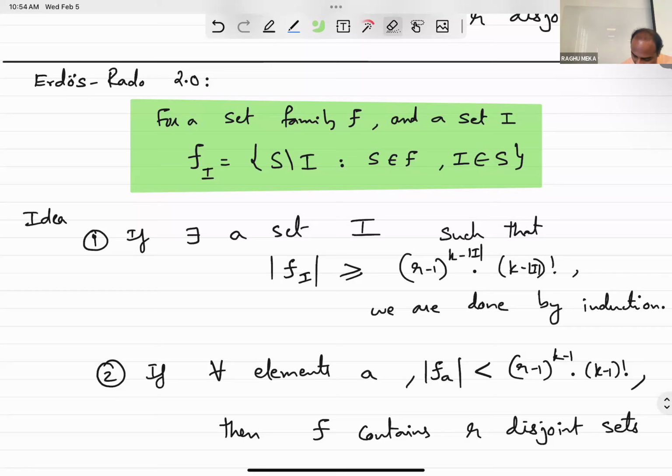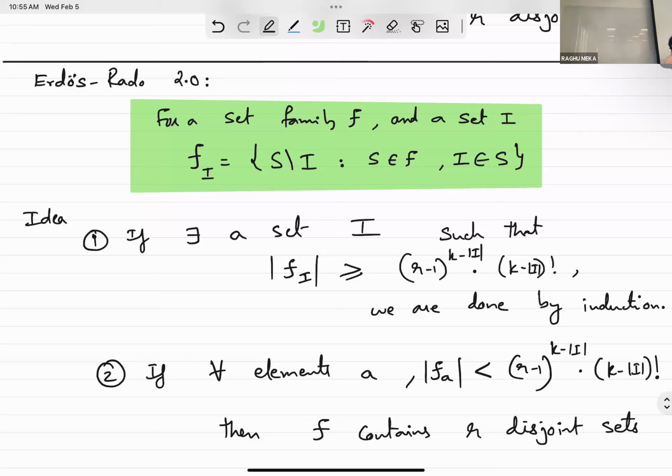And then the contrapositive that I need is this. Even if I could do this, I could have done the induction argument.